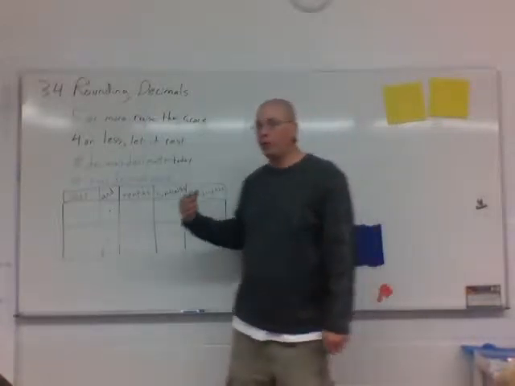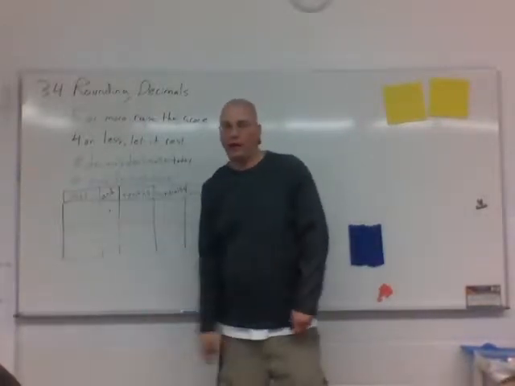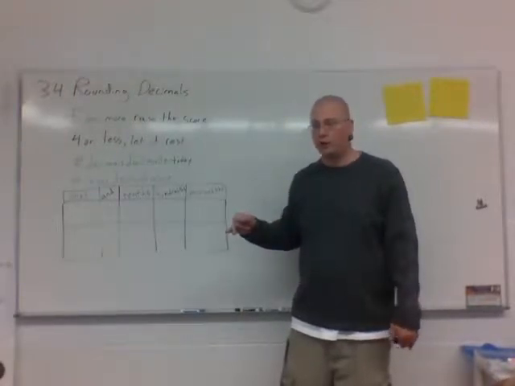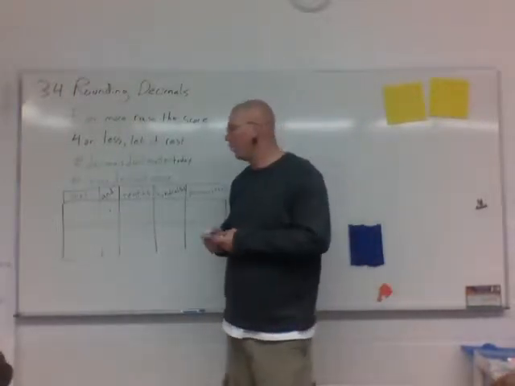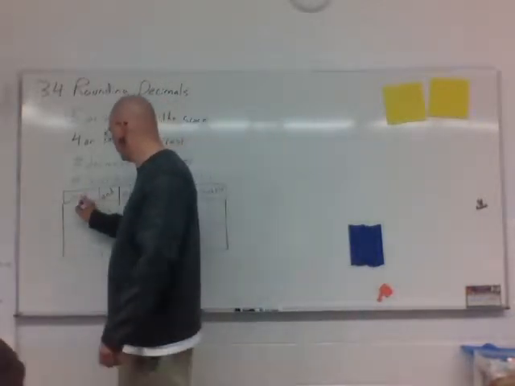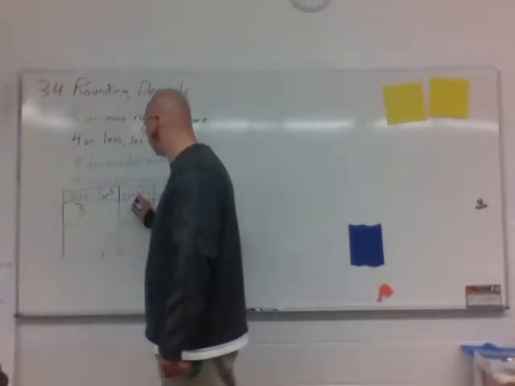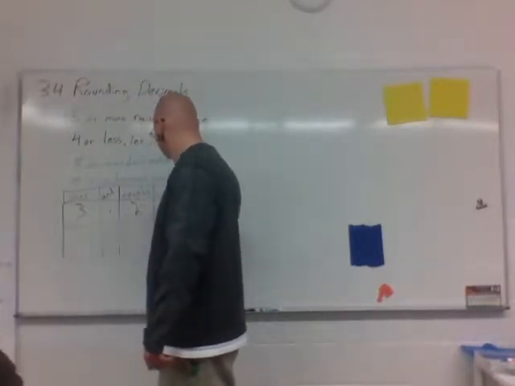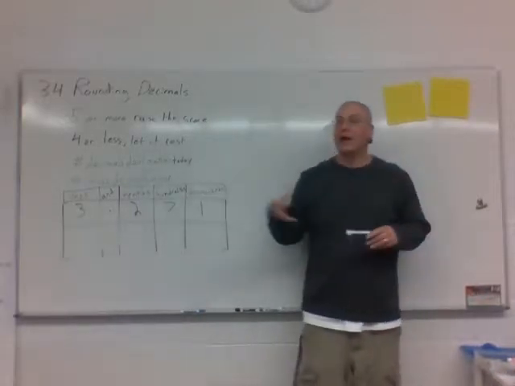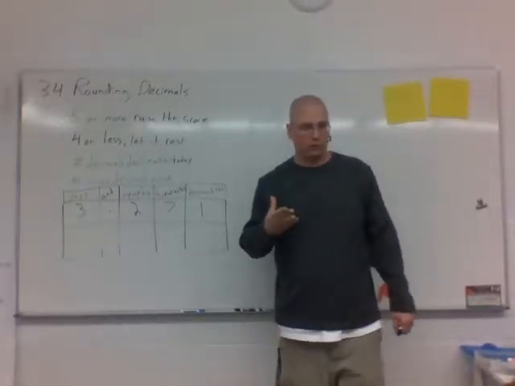So when we say a number out loud, we replace the decimal point with the word and, just so you can kind of keep track, so we can make sure we're saying these numbers correctly. When we are rounding, we have to decide what place value is important, right?